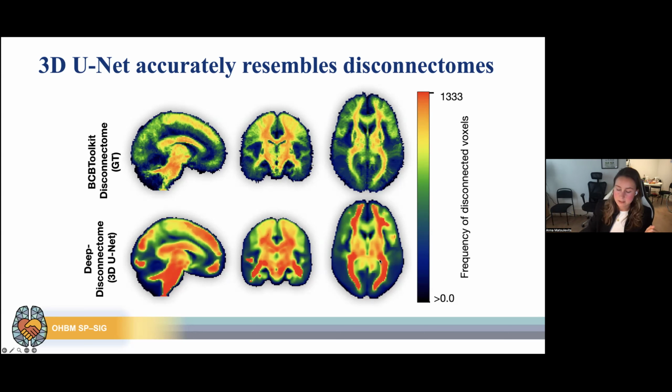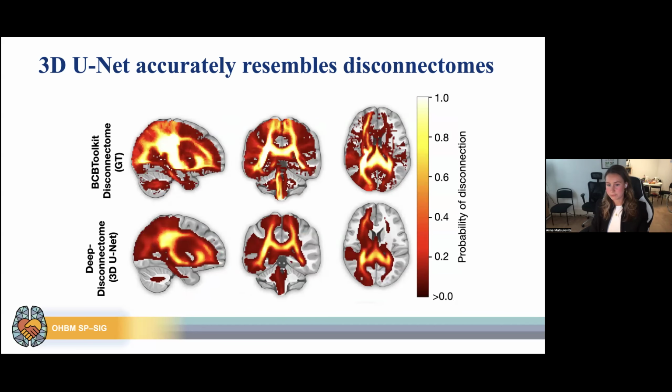In the deep disconnectome, you can spot that those main fibers are super frequently disconnected. They're all red here, right? Whereas those U-shaped association fibers that are a little bit more fine-grained are less well captured by the deep disco.